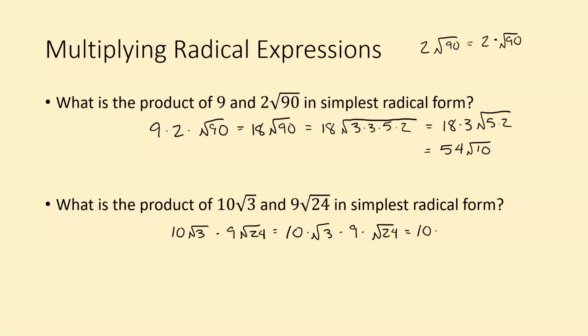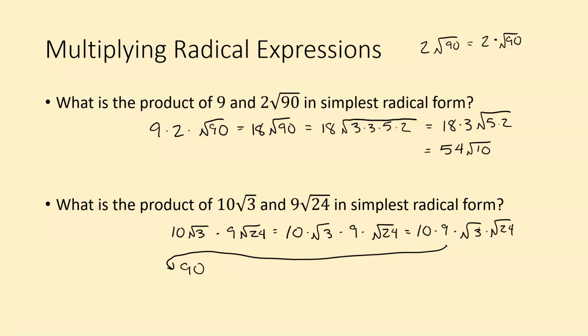So 10 times 9, I'm going to put those next to each other, and then times root 3 times root 24. I'm going to move this down here. So 10 times 9 is 90.